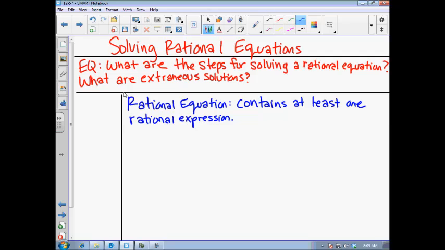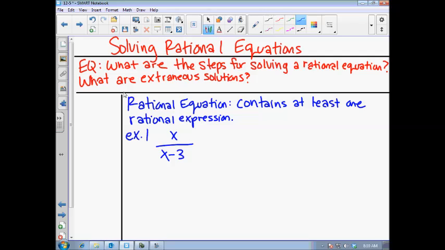Okay, for our first example today, we're going to solve the following. Just have the notes out. Example 1. x over x minus 3. Is this rational?